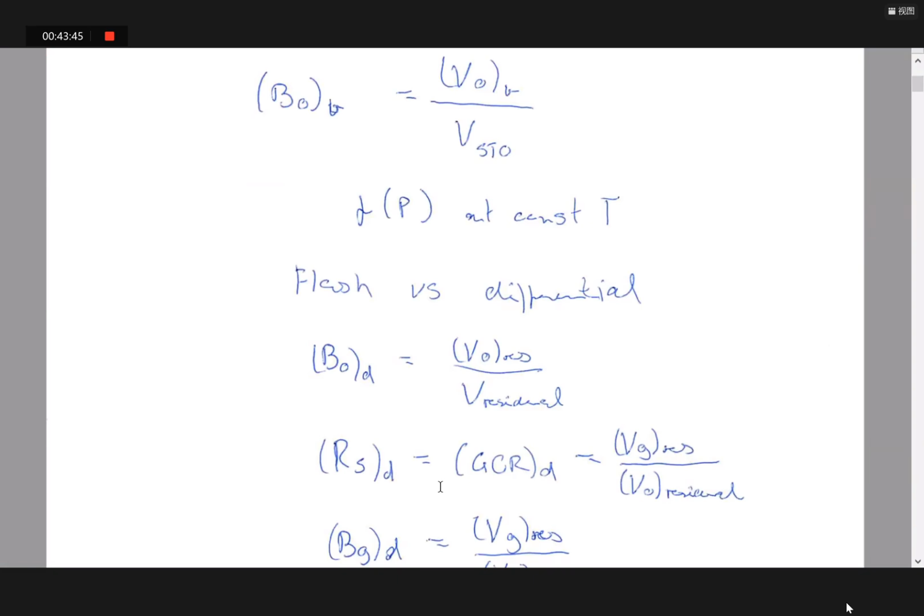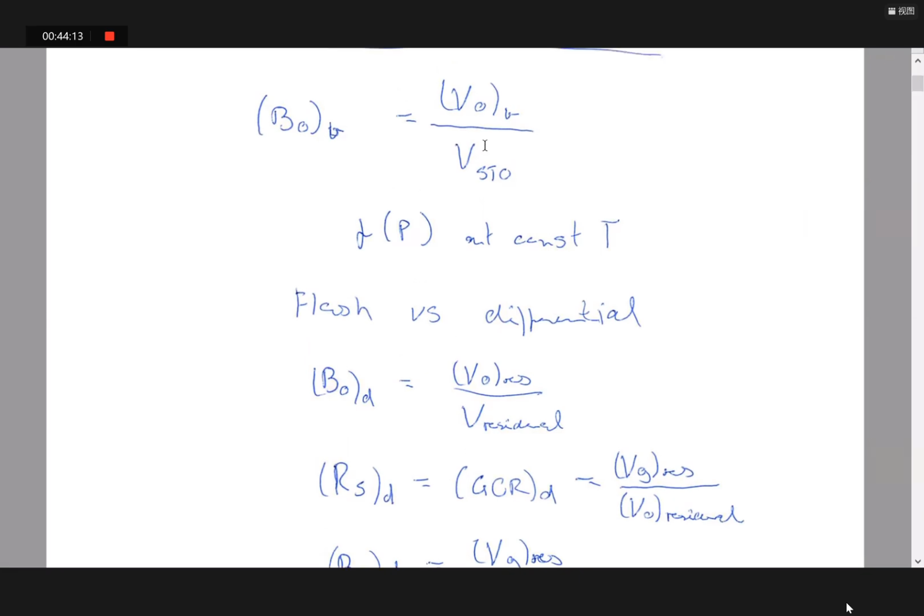Just some definitions. The Bo factor is the volume factor, the reservoir volume relative to the volume at standard conditions. So we take the volume measured at, for example, bubble point, and refer to the volume at standard condition of the liquid.